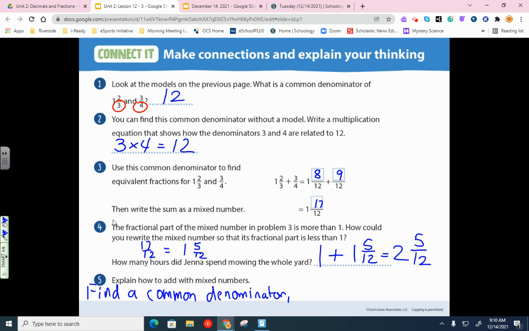Add fractional parts. And the whole numbers. I don't have a lot of room here, but you guys can see it. There you go. All right, let's turn the page. Let's try out some of these.